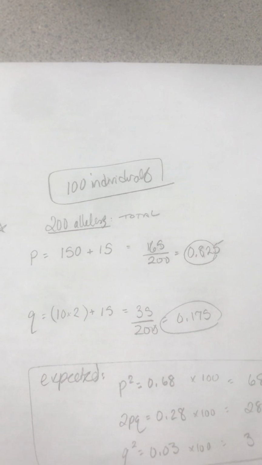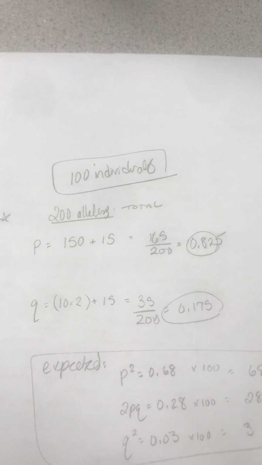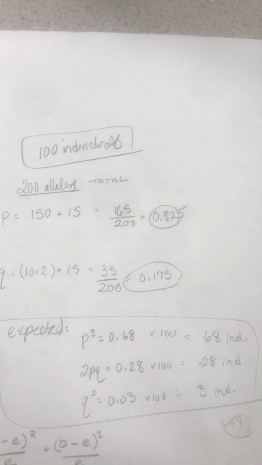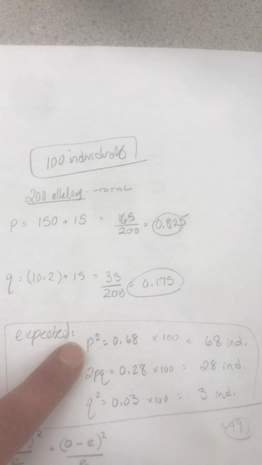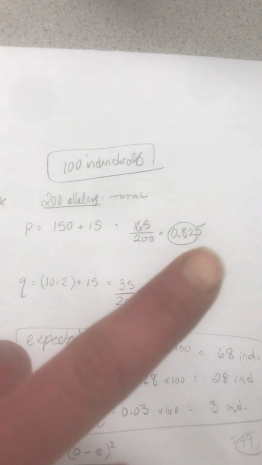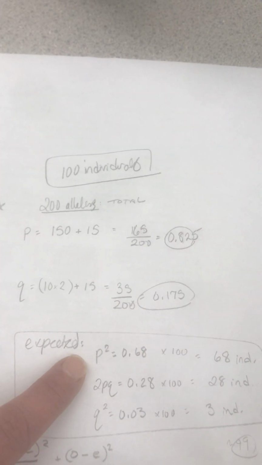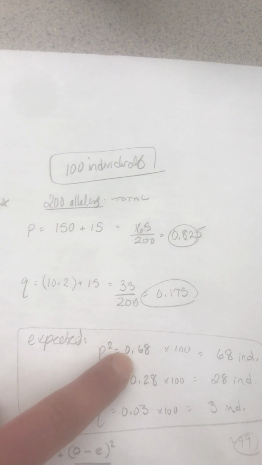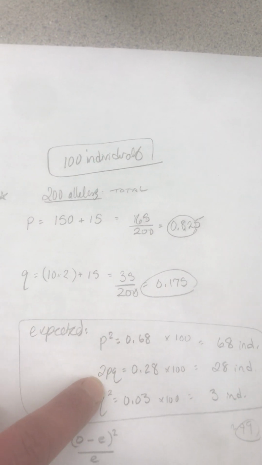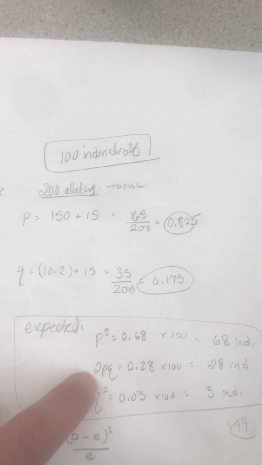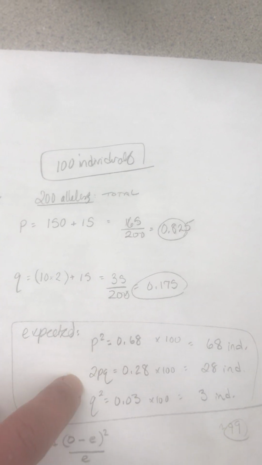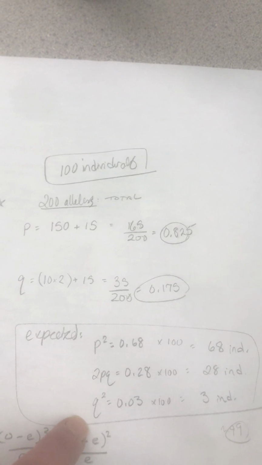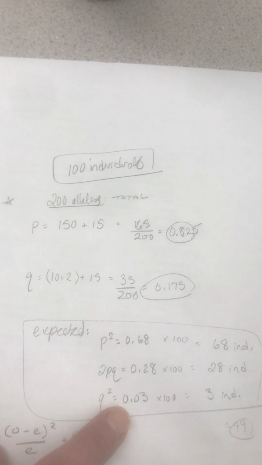Once you have those values, you can figure out the amount you would expect based on p and q. So now we can do p squared, which is 0.825 squared, 0.68, that's the frequency of our p squared. 2pq is going to come out to be 0.28, based on 2 times 0.175 times 0.825, and then q squared is 0.175 squared, which gets us 0.03.